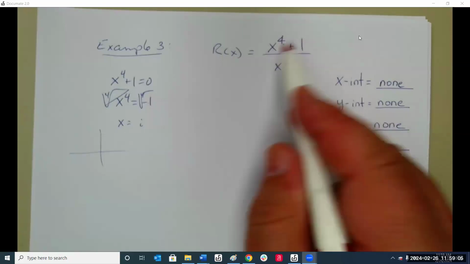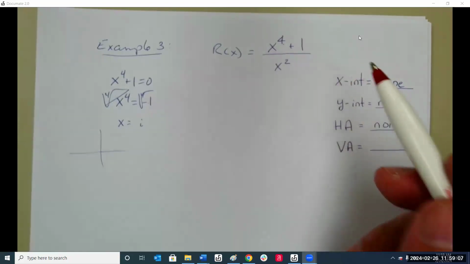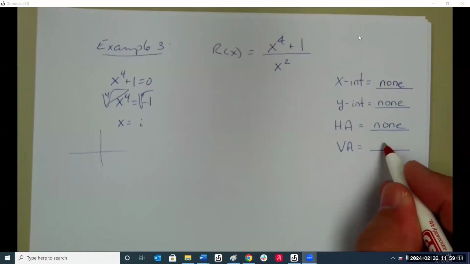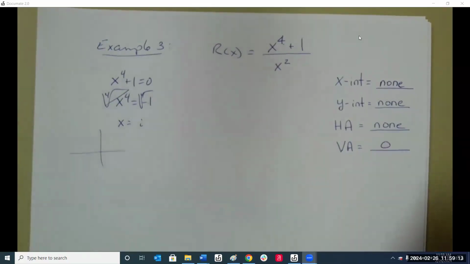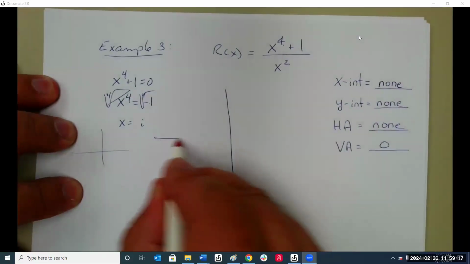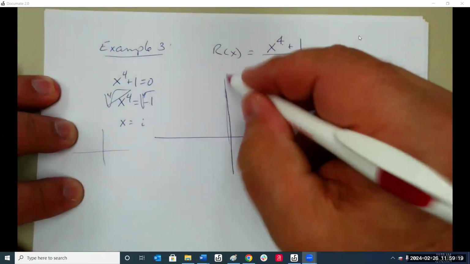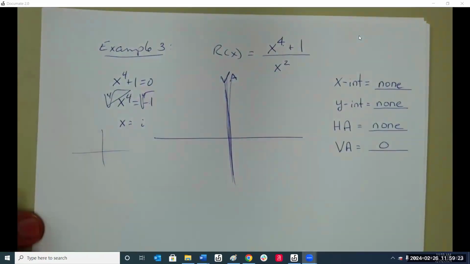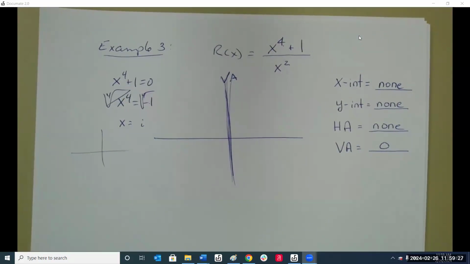So if we divide it by x squared, it goes to infinity. How about vertical asymptote? Finally, we got something. A bunch of nothings. So we said this is our vertical asymptote. We have no x-intercepts. We have no y-intercepts. So what do we do next?